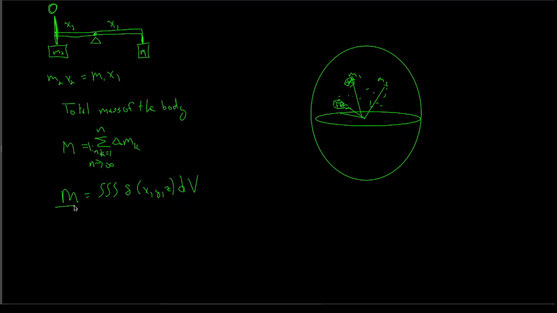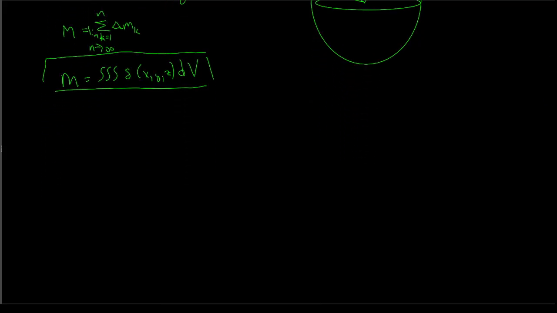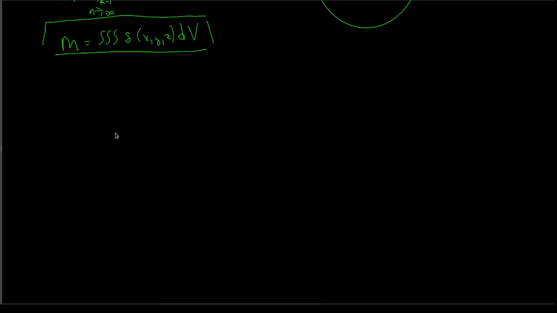So the first part we need in calculating centers of mass are the total masses involved. The next part are the moments. And when we did 2-dimensional plates, we calculated the moment with respect to the x-axis or the y-axis.